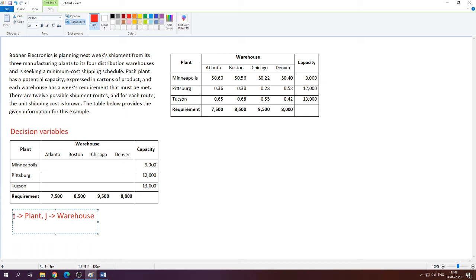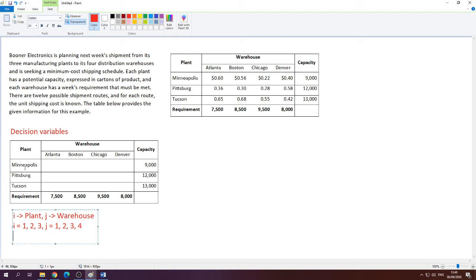Now the decision variable will be the number of products that we're gonna ship from plant i to warehouse j. So we have i equal 1, 2, 3, and j equal 1, 2, 3, 4.